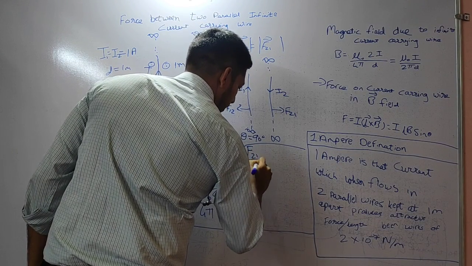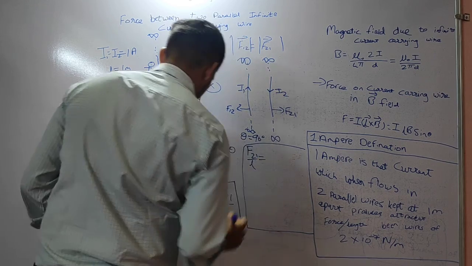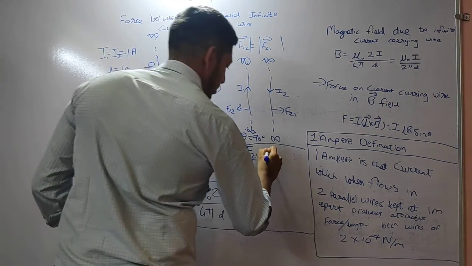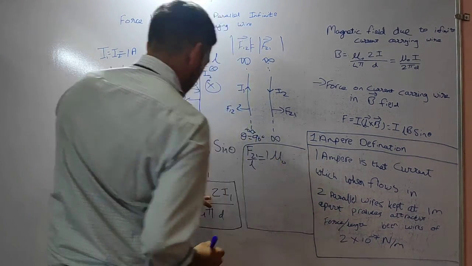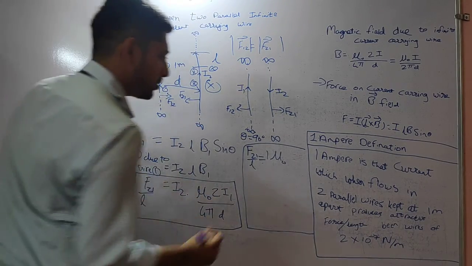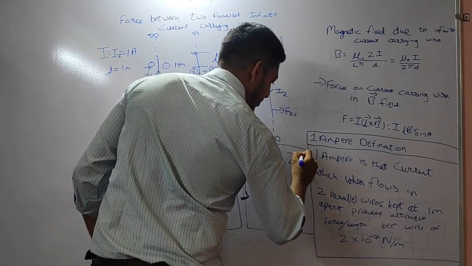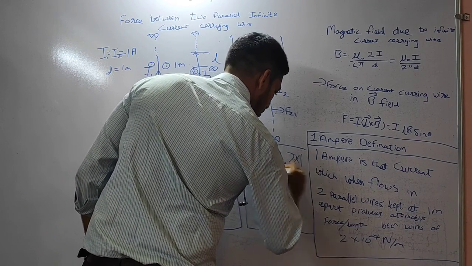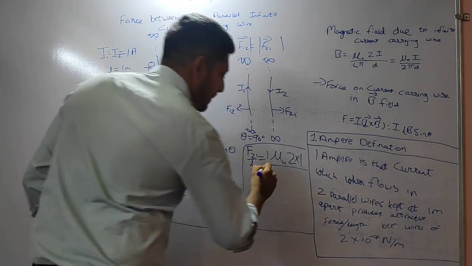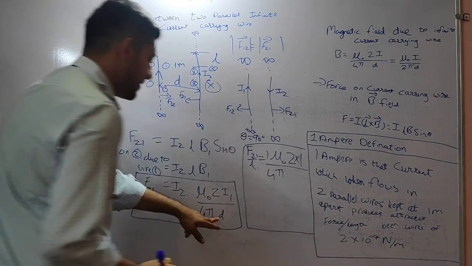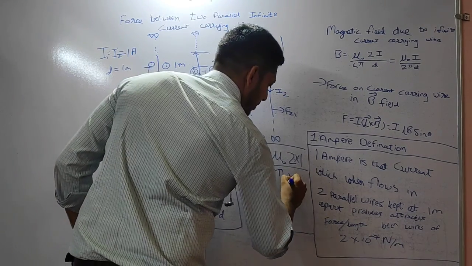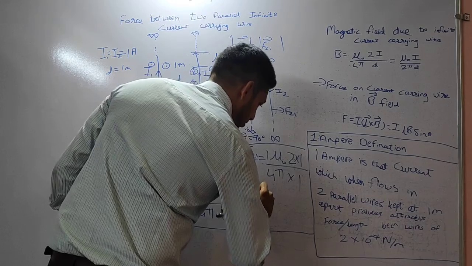F21 upon L, or you can write that both the forces are the same. Value of I2 is 1, mu 0, the value of this 2 will remain 2, value of I1 is 1, whole divided by 4 pi D. Value of D is again 1. So 1, 1, 1.